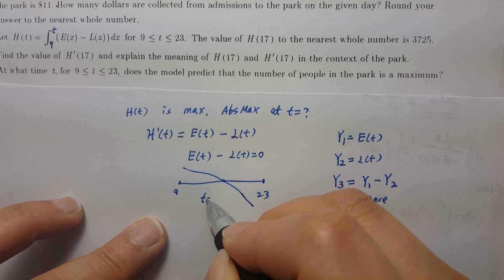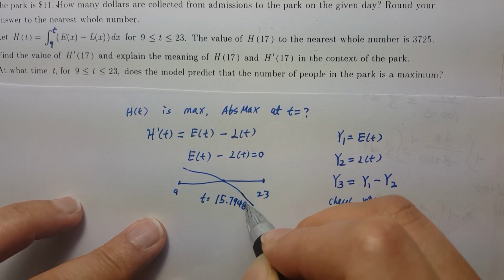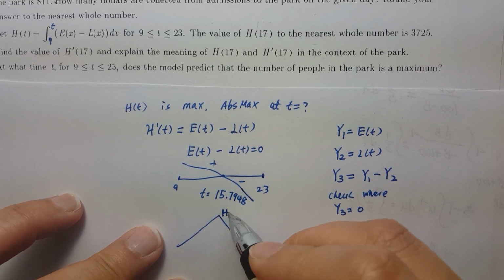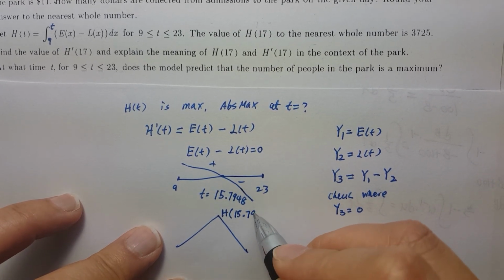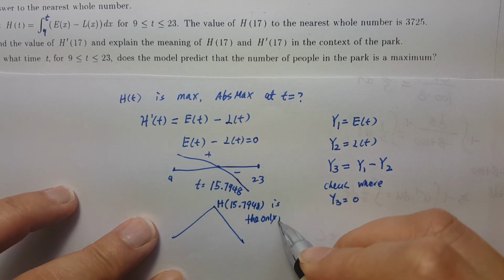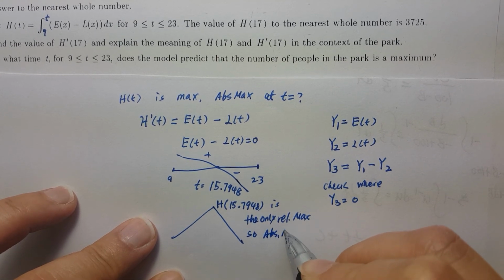That would be t equal to 15.7948, going from positive to negative. So that means h of 15.7948 is the only relative max, so it is the absolute max.